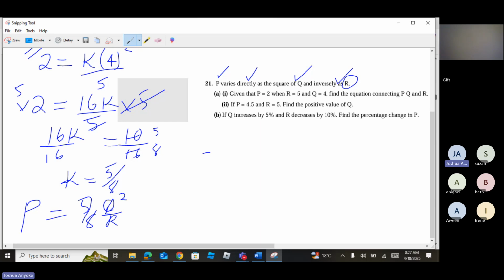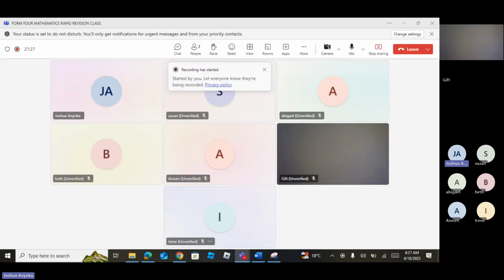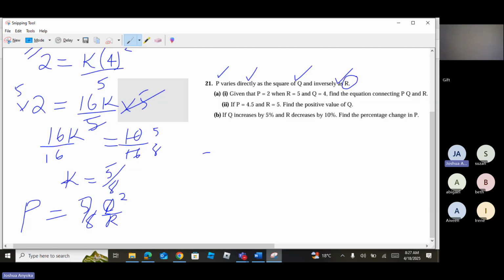So it becomes an equation after you have worked out the value of K and you substitute it in the equation. Very good. So far, does anybody have a question? We are together.